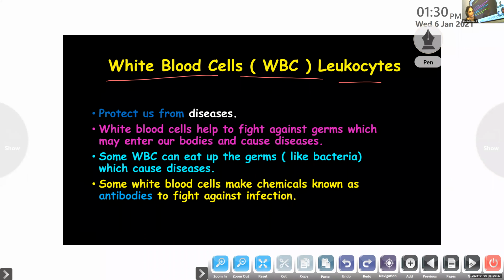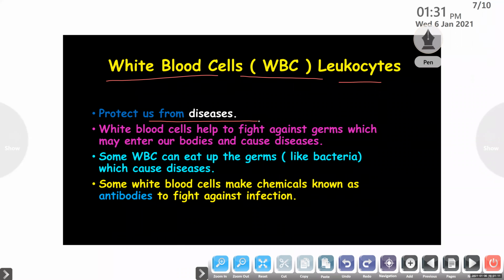What is its function? It protects us from diseases. That is very important, isn't it? Like RBC carries oxygen, in the same way this WBC protects us from diseases.